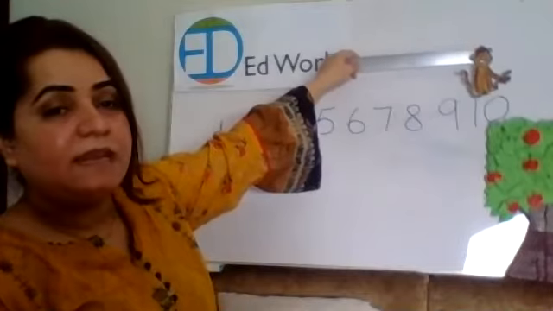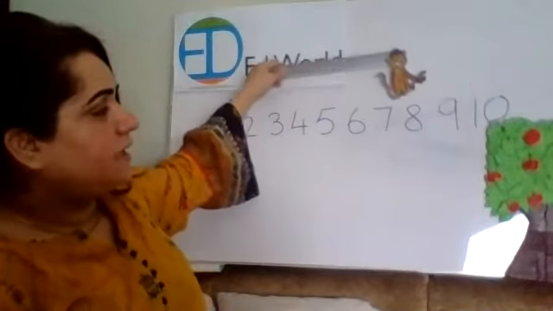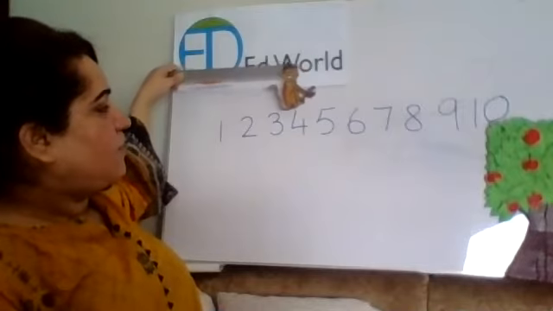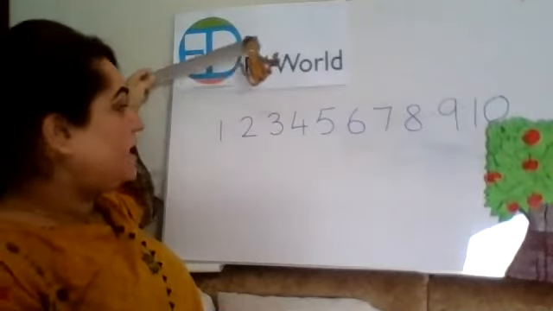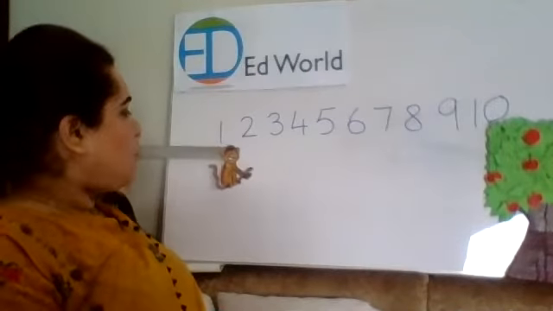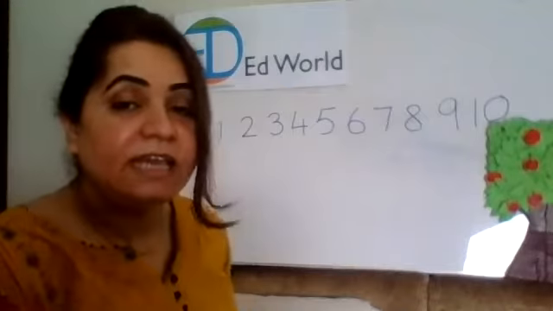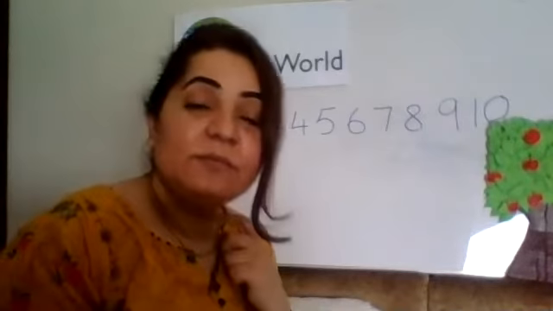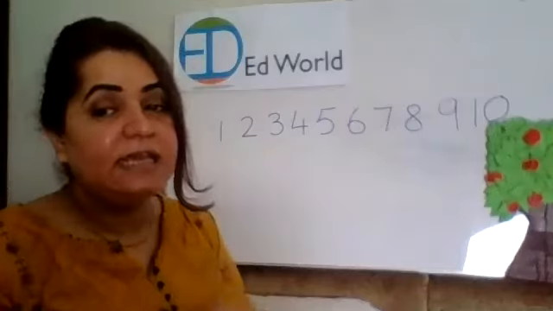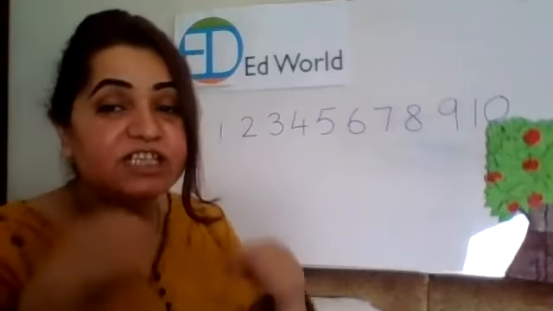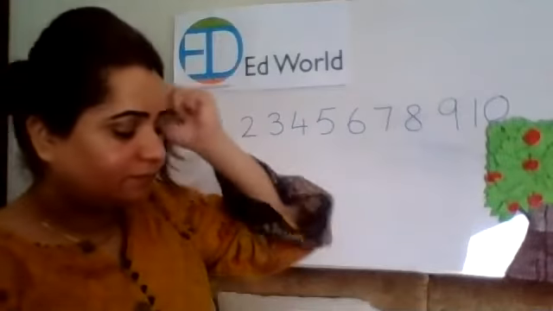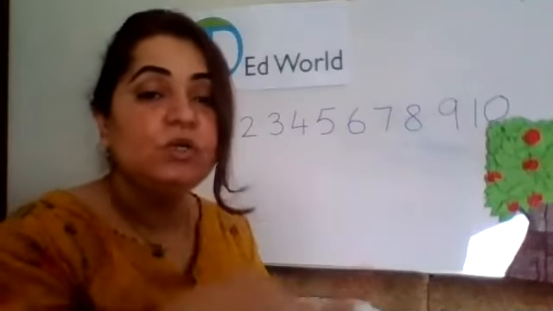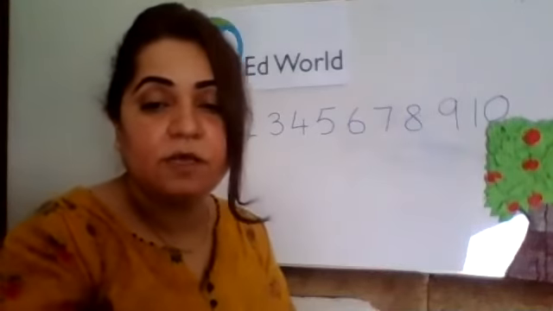So he was on 10, 9, 8, 7, 6, 5, 4, 3, 2, and 1. So he came all the way backward. He backward counted and he easily reached home, right? Okay, that's great. So we are going to write another numbers now, okay?